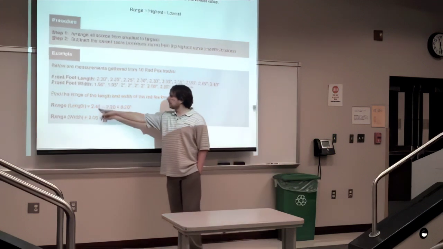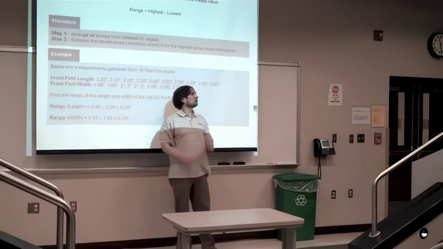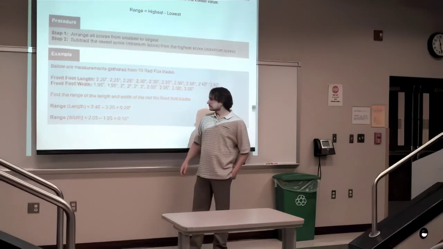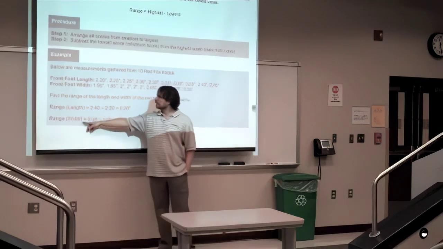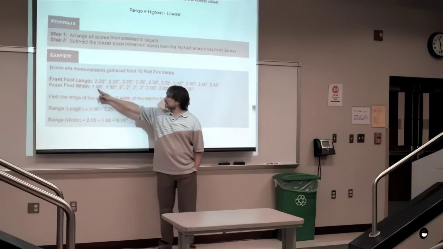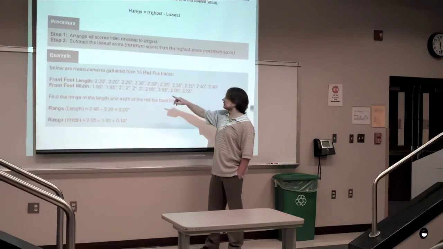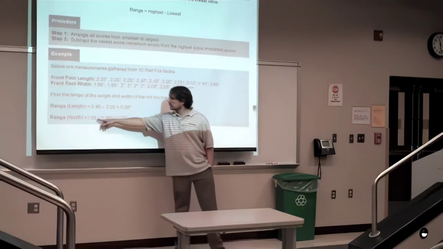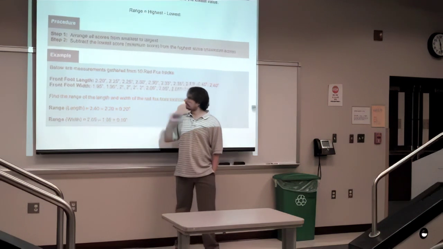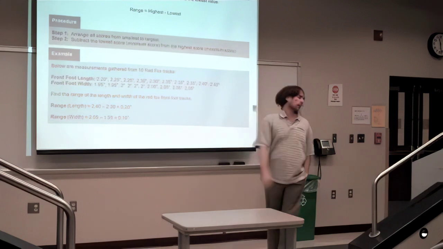So 2.4 minus 2.2 is 0.2. This is how spread out that data is. The range of the width is this and this, smallest and largest. We take the smallest away from the largest, which is 2.05 minus 1.95, and we get 0.1. So this is our range.